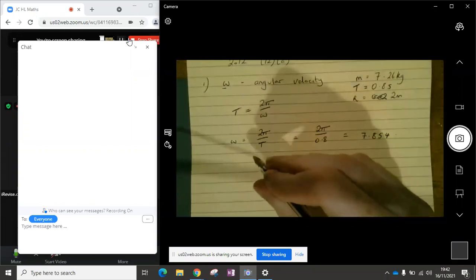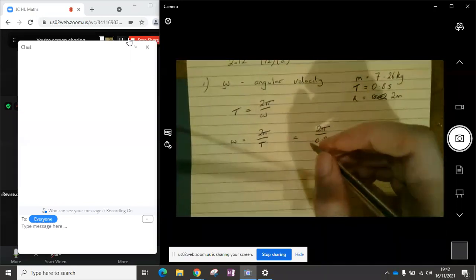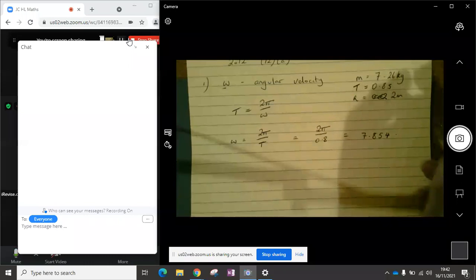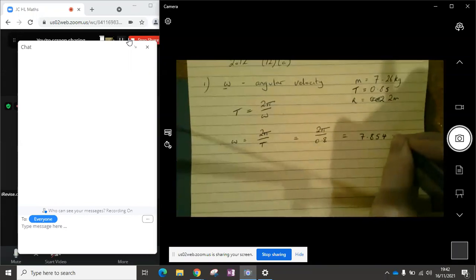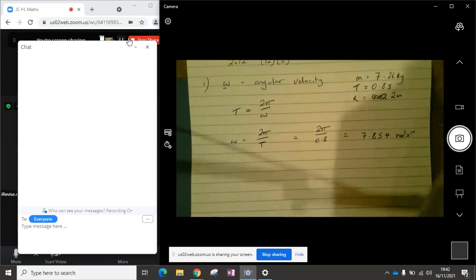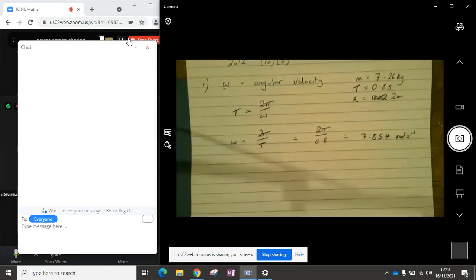Angular velocity is measured in rads per second. Okay, next one.